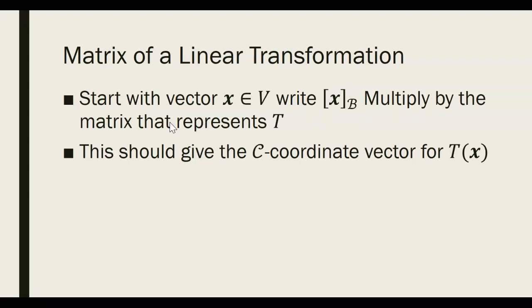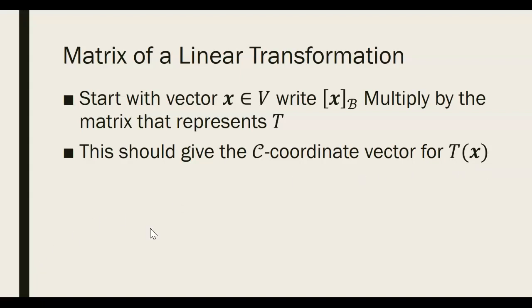And then we're going to multiply by some matrix that represents T. And this should end up in some other Rm, and that will represent a coordinate vector for T of x, the image under the transformation.